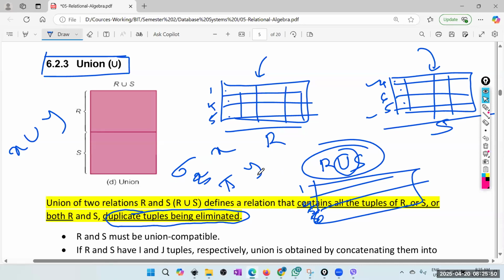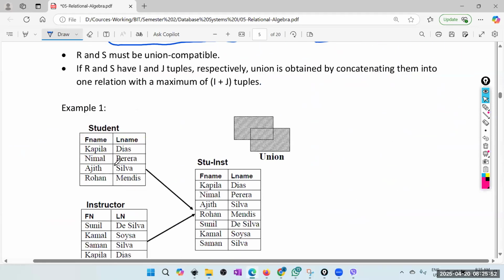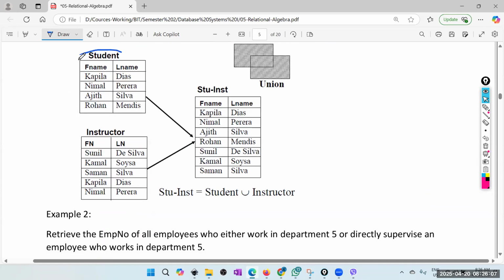So you need two sets of data. And those two sets of data must be compatible. You can't union tomato with potato. But if you have a set of tomato and another set of tomato, you can union. Maybe they have different tables, but maybe the records are compatible. So here you call it F name, but here you call it Fn. Here you call it L name, here you call it Ln, but it's the same thing.